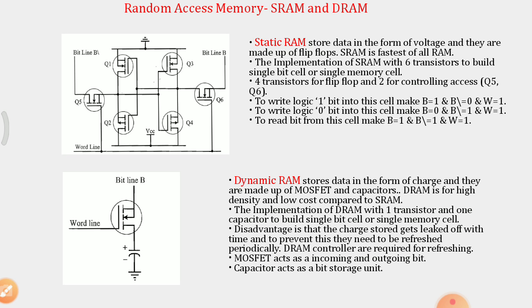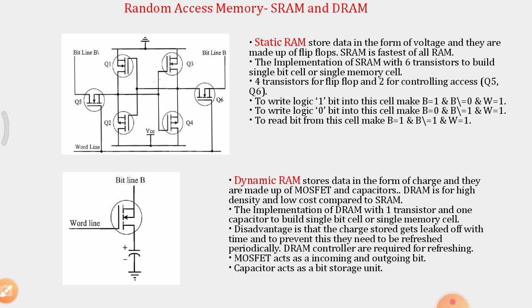So how does it operate? To write a logic 1 into Q1, Q2, Q3, Q4, first we have to make bit line B equal to 1 and B bar equal to 0, and the word line should be 1.